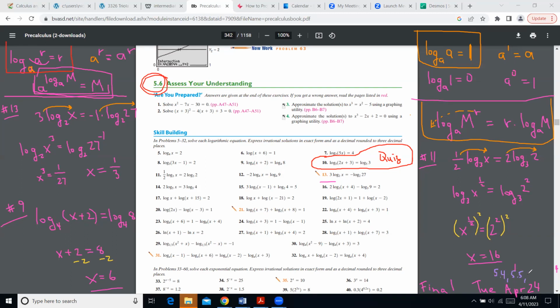So that's all we care about from chapter 5. And that's what we did. And yes, of course, homework will be due on the day of the final, just like we had some of the homework due on the day of the midterm.